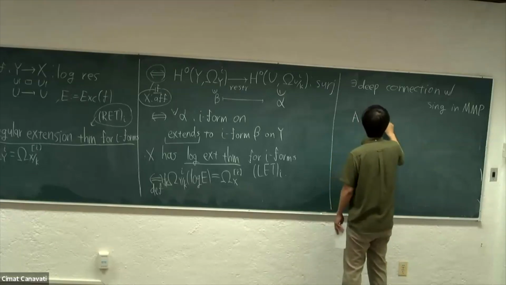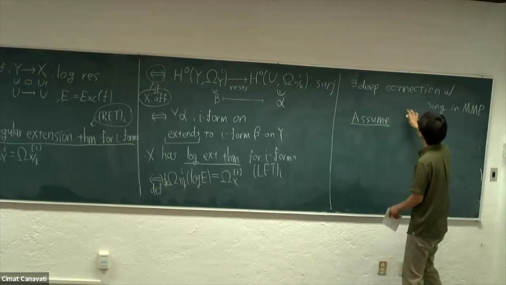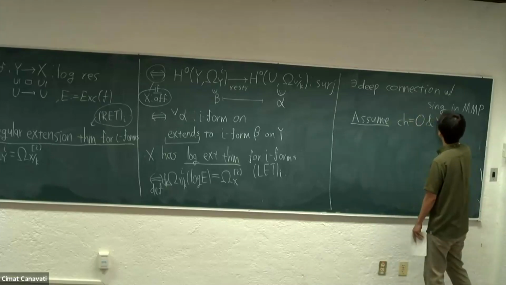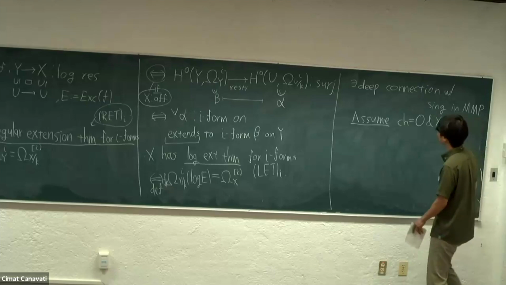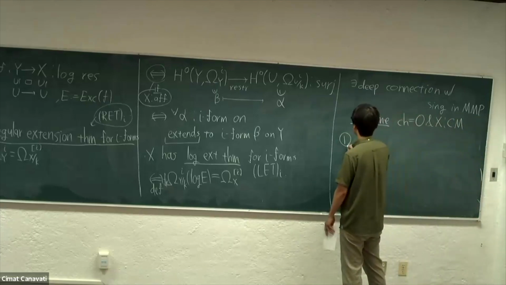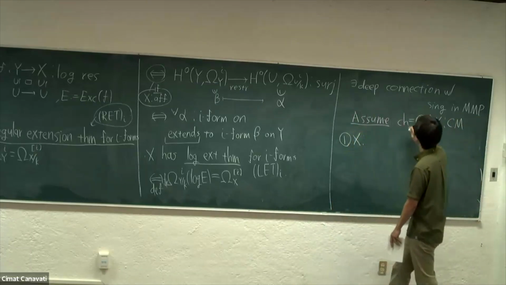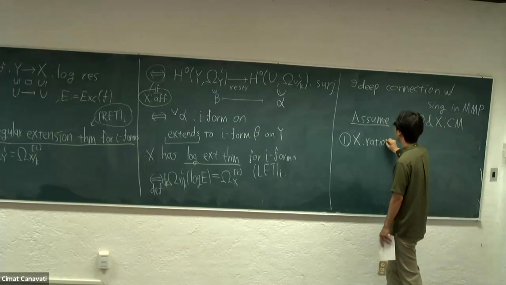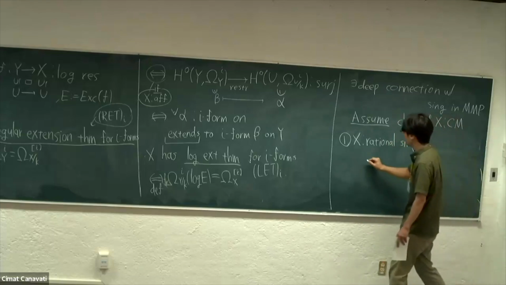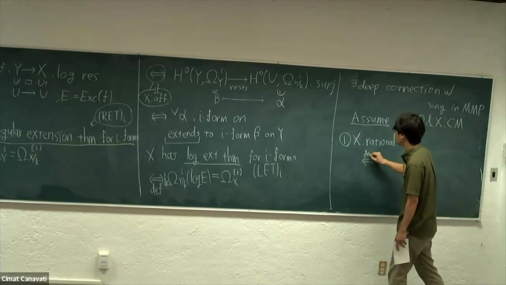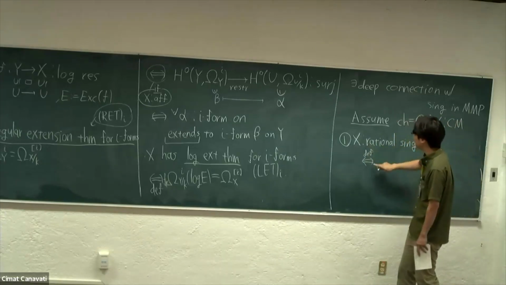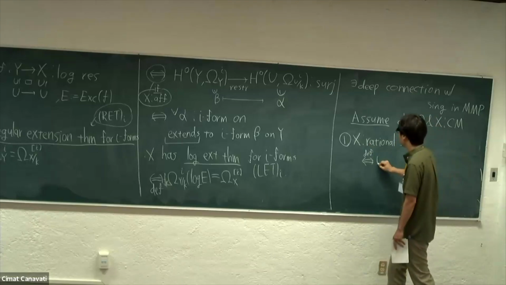For simplicity, here we need to assume that the characteristic is 0, and that X is Q-Gorenstein. In this case there is a notion of singularities in MMP called rational singularities. X has only rational singularities. This is almost the definition because we assume X is Q-Gorenstein.